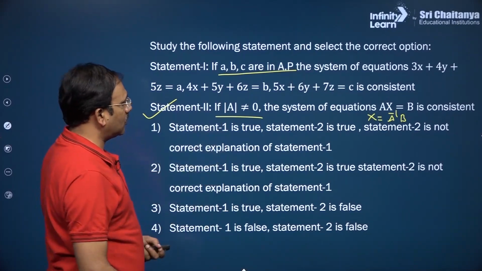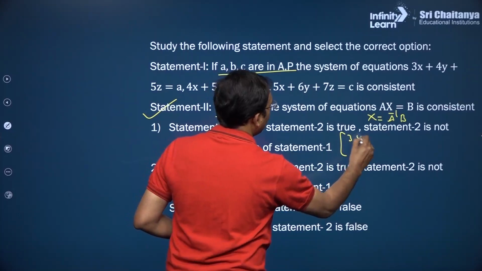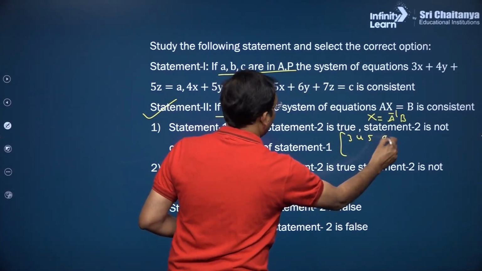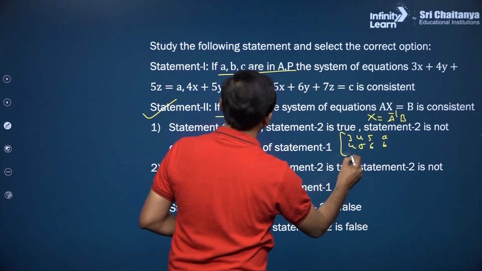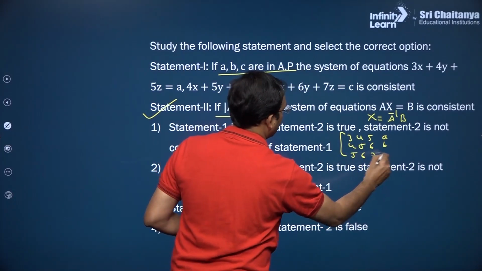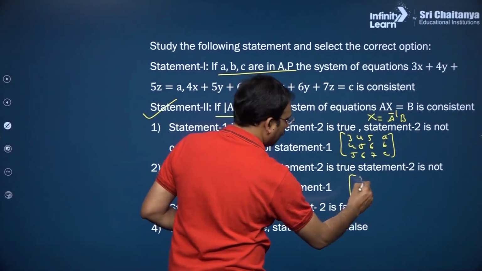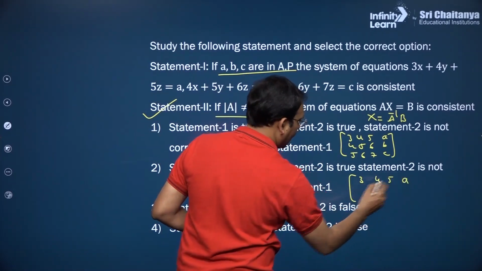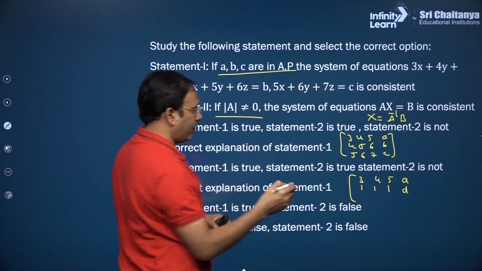Whereas, for the first equation, if you just take the rank, you see 3, 4, 5, this is a, next 4, 5, 6, it is b, this is 5, 6, 7, it is c. R2 minus R1, if you do it, 3, 4, 5, a, this is 1, 1, 1, b minus a is the common difference.